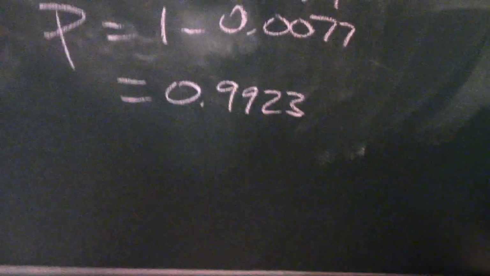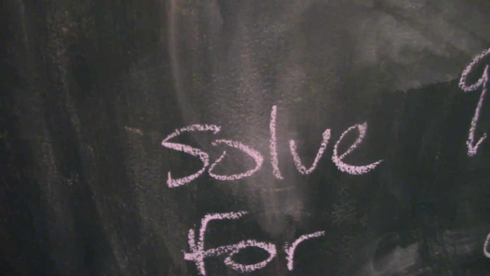All right, and now solve for 2pq. So that's 2 times 5.88 times 10 to the negative fifth times 0.9923.